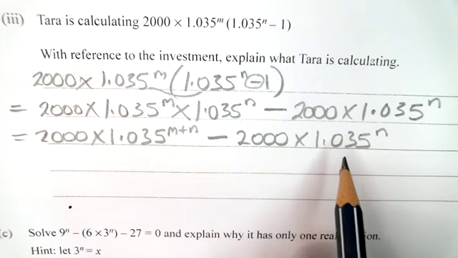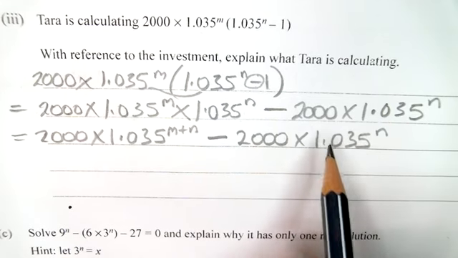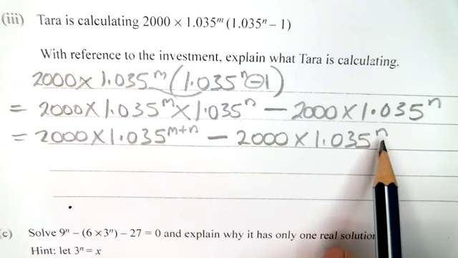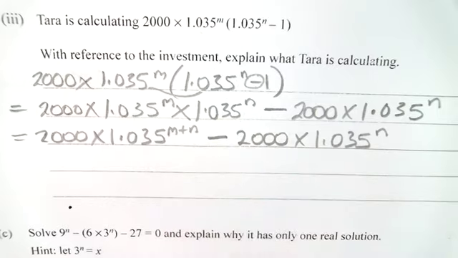So what it's doing is looking at the difference between what it was when it was just n years and then what it was m years later.